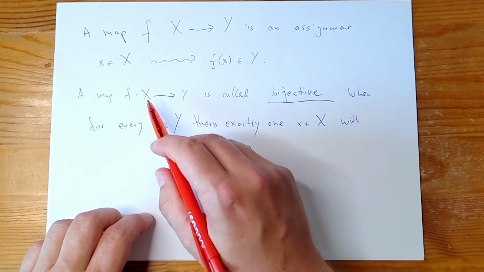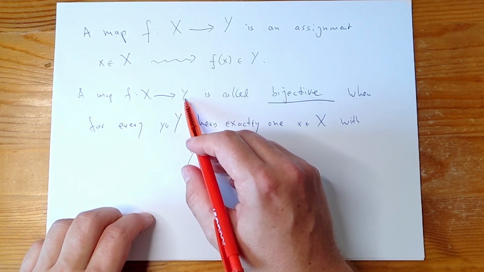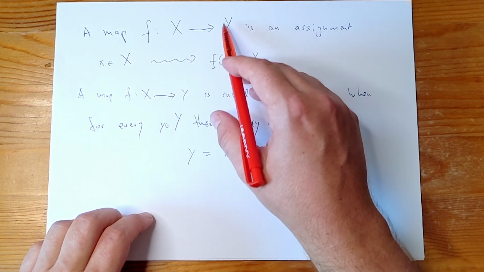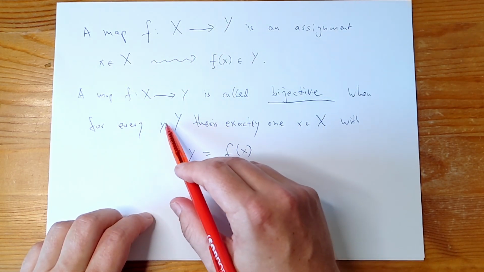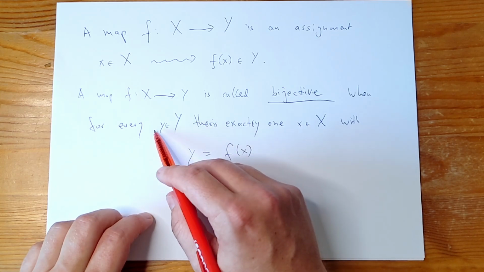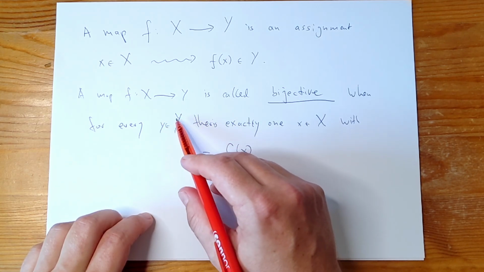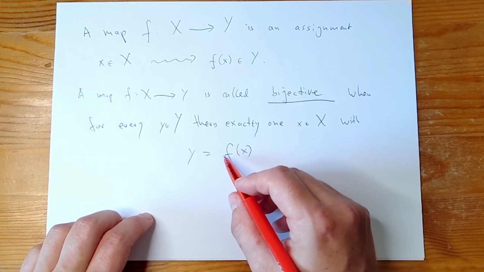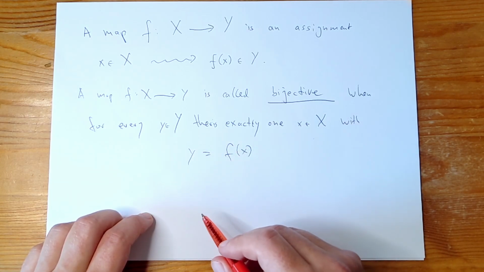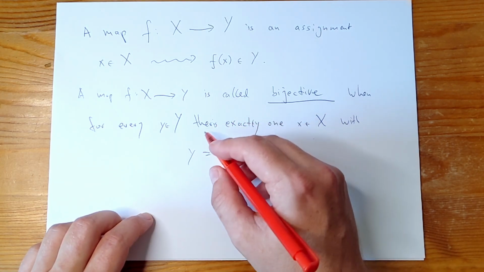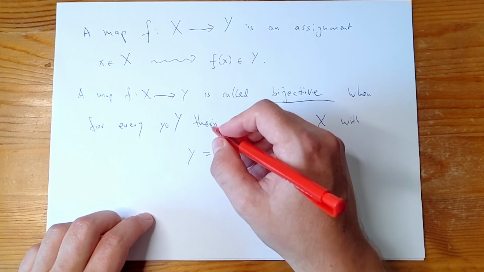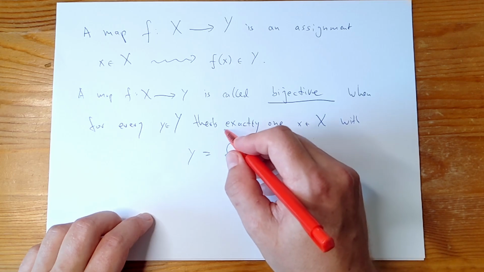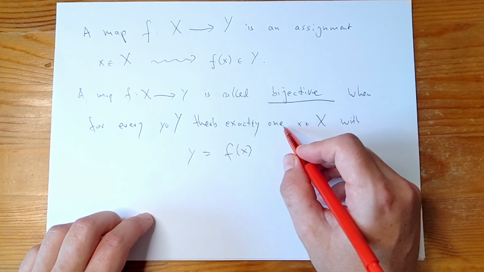So you see that this means two things. First of all, when we map these elements from X to elements of Y, we get each element of Y when it's bijective, because we have for every element of Y a pre-image, how you call it, so an element of X which hits the Y element here. But this assertion here, sorry, this is a bit hard to read, there's exactly one. So this means that it's also uniquely determined.